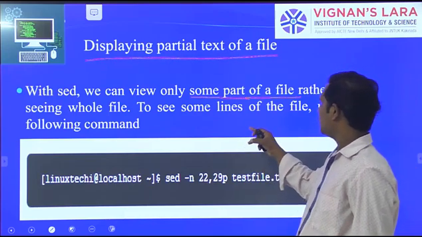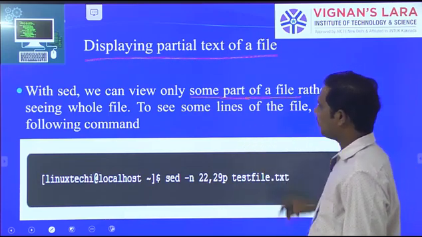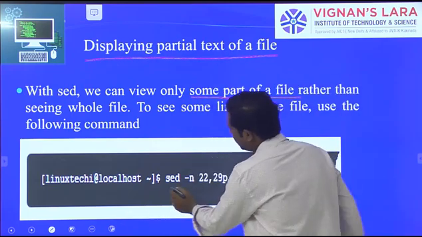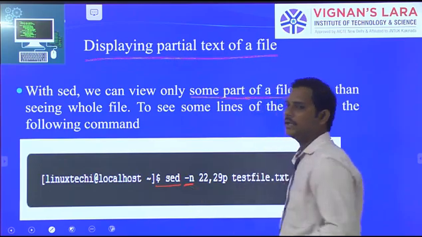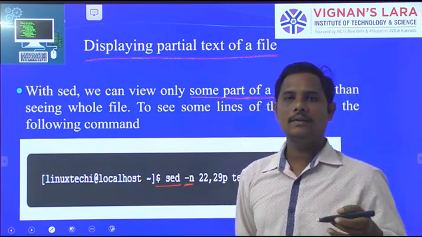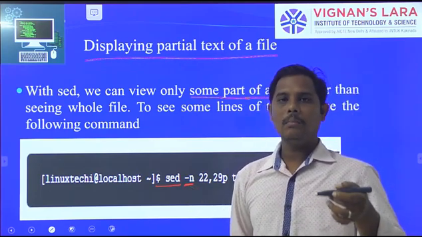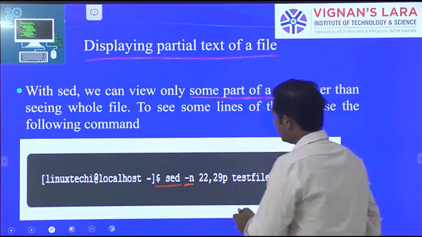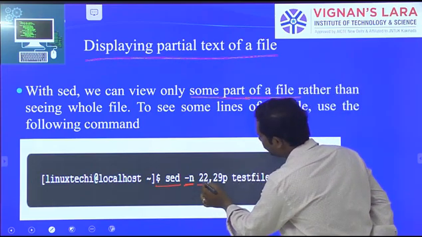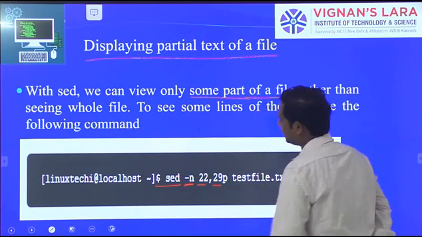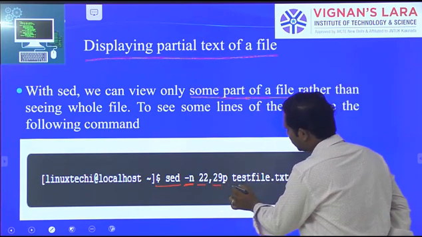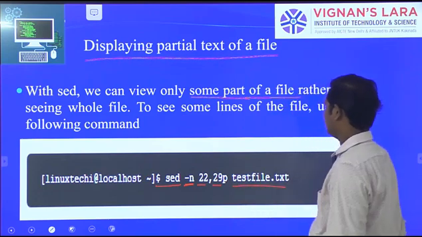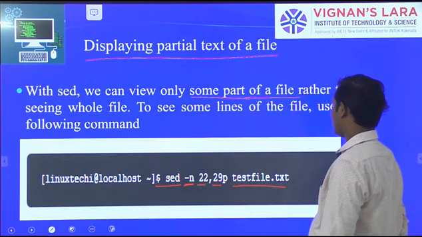To see some lines of the file, use the following command: sed -n. Option n means number of lines. Then 22,29p, and the input file is the text file, testfile.txt.